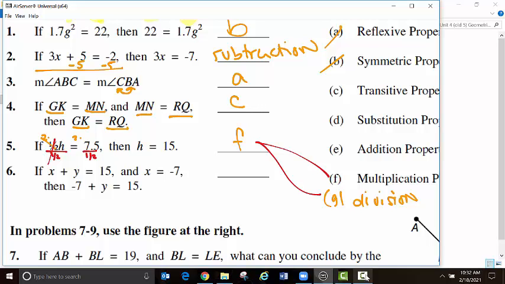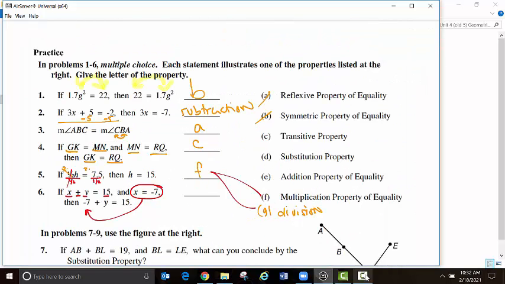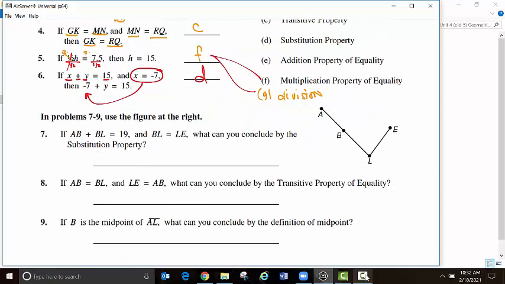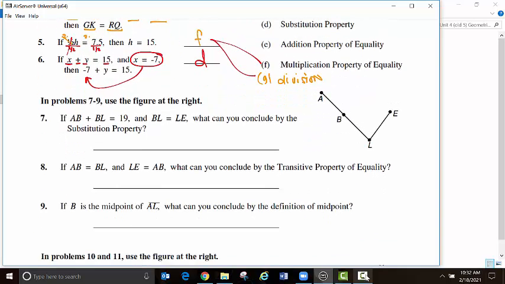And then lastly, what did they do? They said x plus y equals 15, but oh look, x is -7, so they replaced -7 for x. That is the substitution property. All right, let's do these last couple.